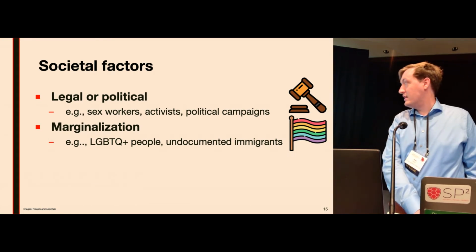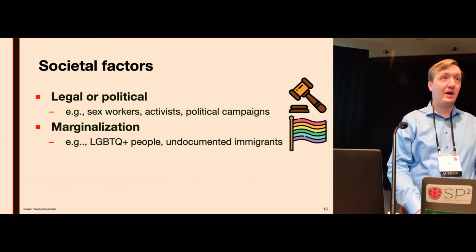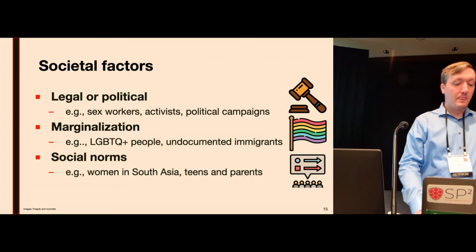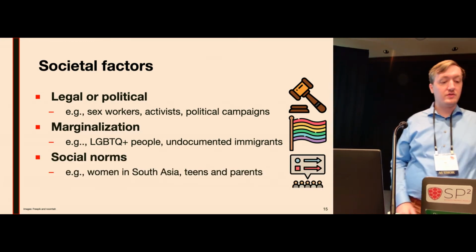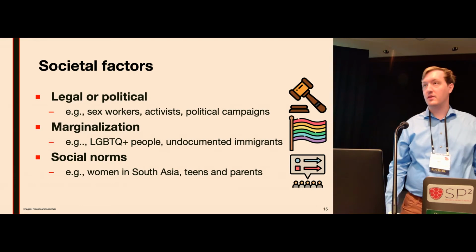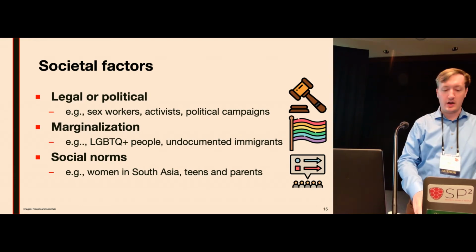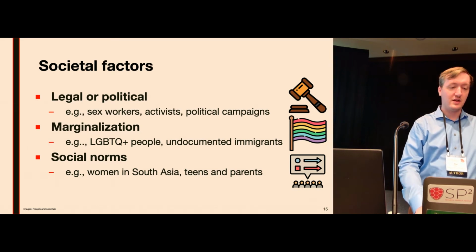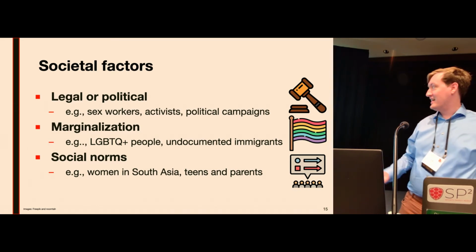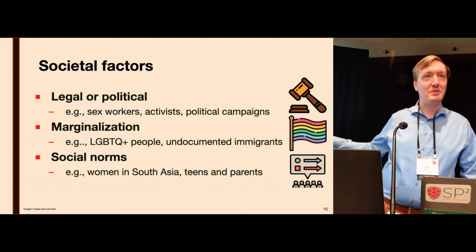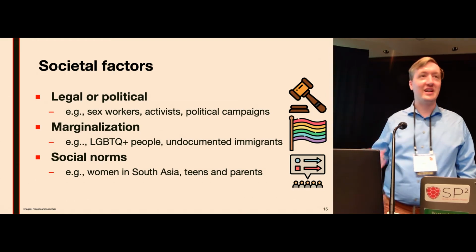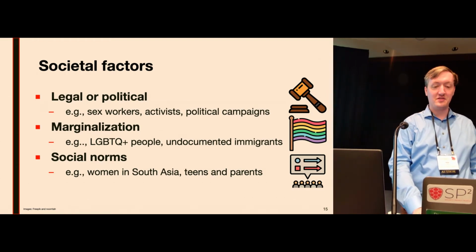Marginalization can have an impact on this, particularly in the realm of harassment, but not exclusively. And particularly restrictive social norms might actually impact what you're expected to do or what you're able to do in order to negotiate digital safety with others. I'll emphasize that these are some of the examples of populations that experience not every single one. I encourage you to check out our paper for more details on that.